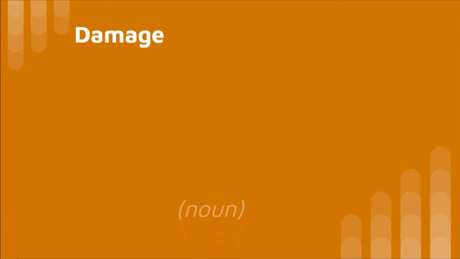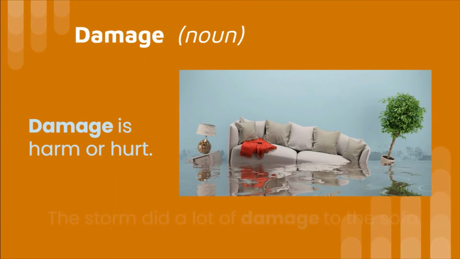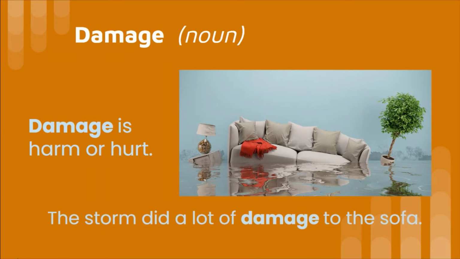Okay, so the first word that we're going to look at today is damage. Let's go ahead and practice it. Let's say damage. Damage is a noun. That is the part of speech, a noun. Damage is harm or hurt. Let's read the definition together. Damage is harm or hurt.